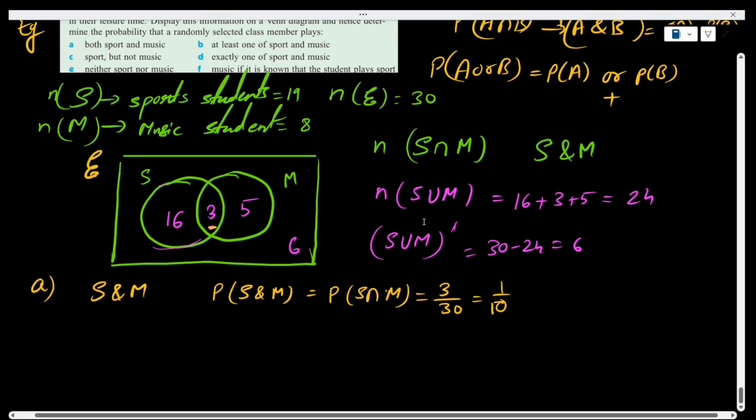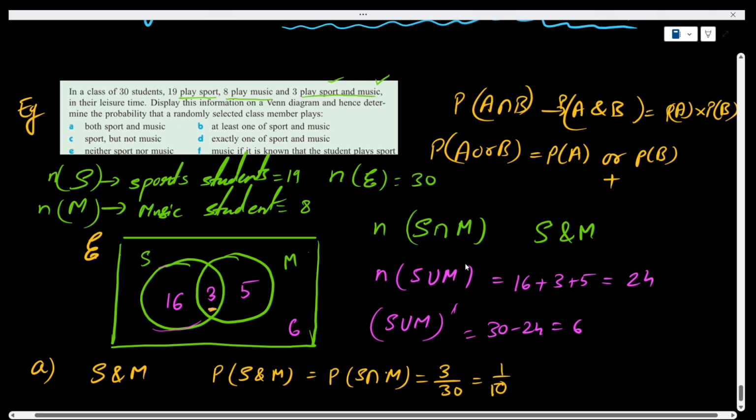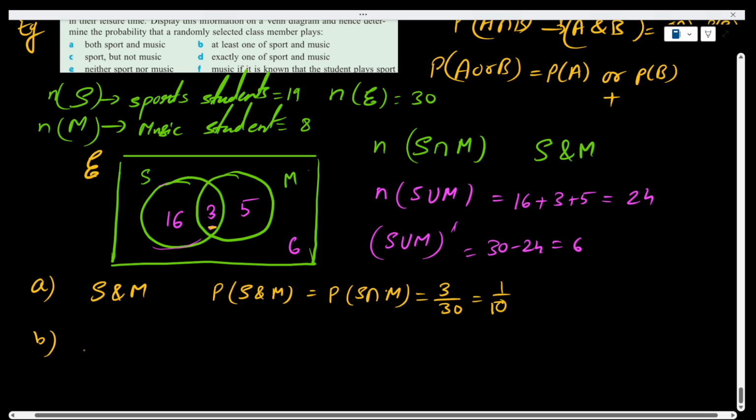Then what is the second part here? B part. What do we need to calculate here? At least one of sports and music, right? That means all together. So you can write down here, play at least one sport and music. So what is the possibility?